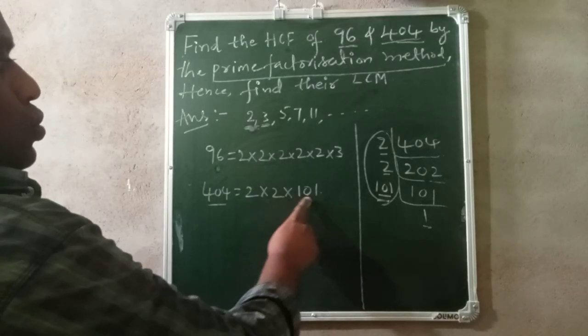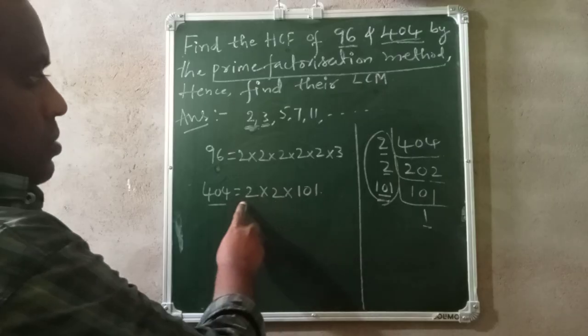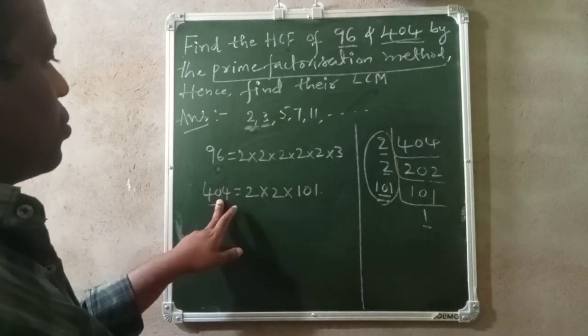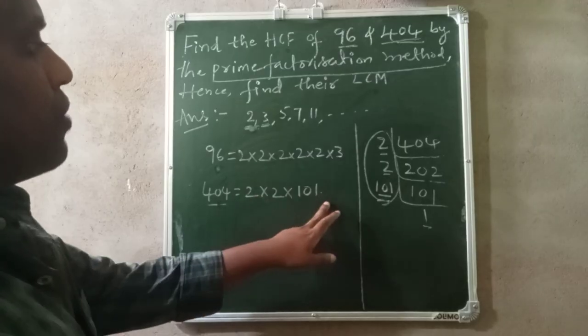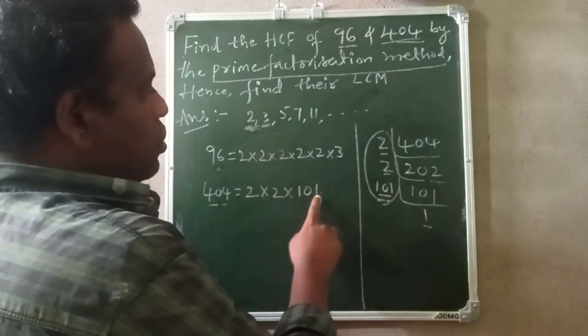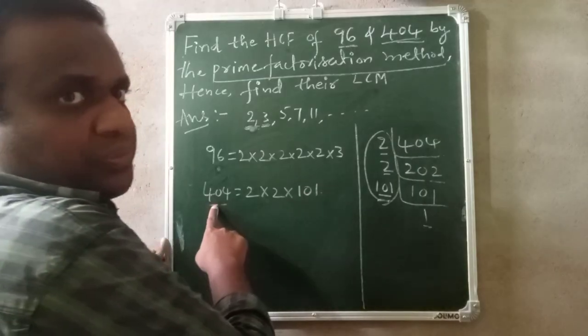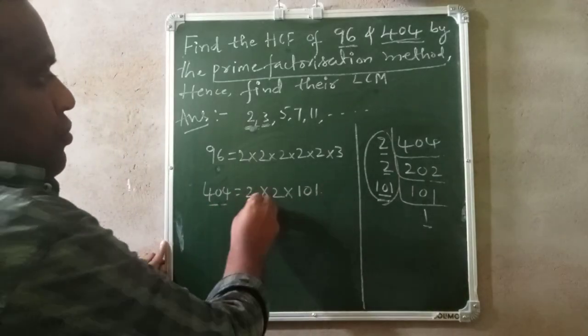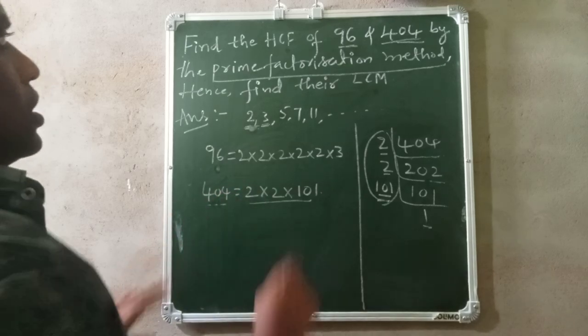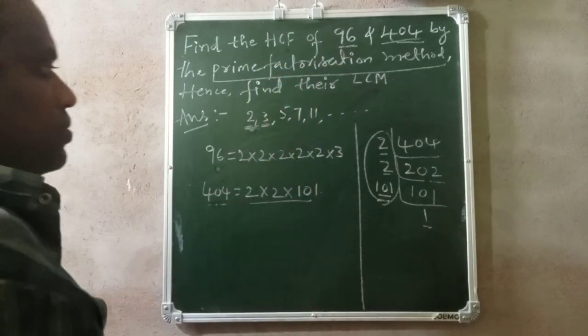These are the prime numbers 2, 2, 101. So this is the product of prime factors. So 404 is written as a product of prime factors. If you multiply 2 into 2 into 101, you will get 404. So this is called prime factorization. Prime factorization of the 404. So that's what the question says, prime factorization.